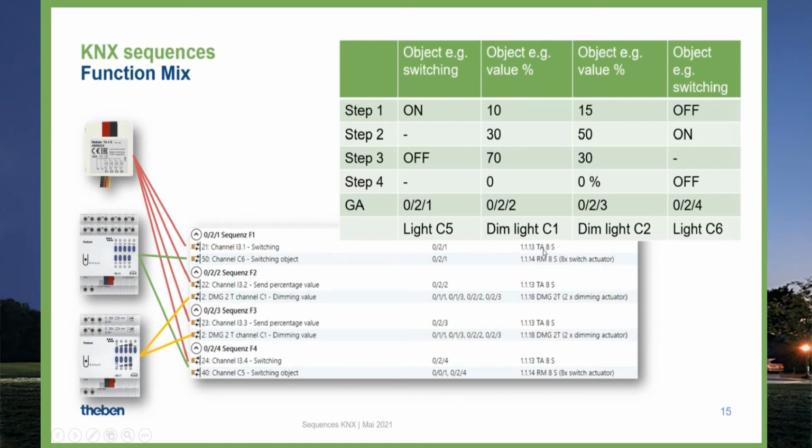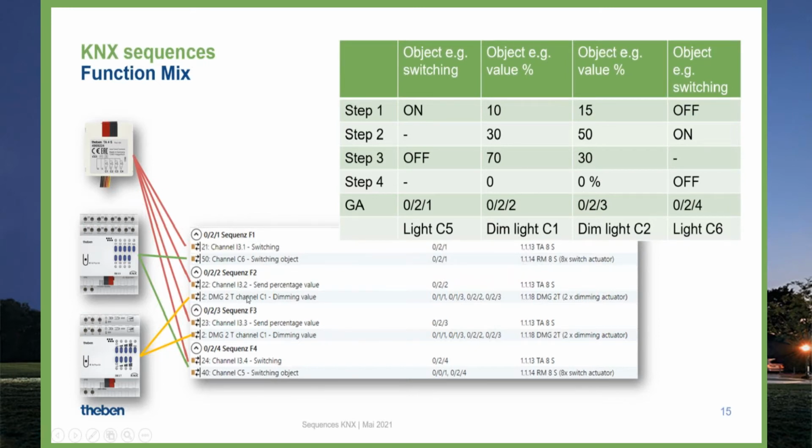So that means we have here the push button interface. In my demo, I've used the TA8S, and I control the RM8S, the 8-volt switching actuator from Taban. So my input from TAH, the first sequence, is addressed to the first channel.